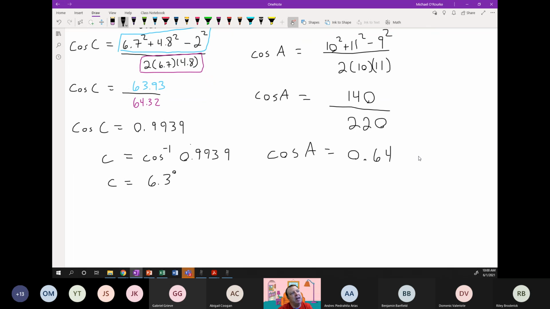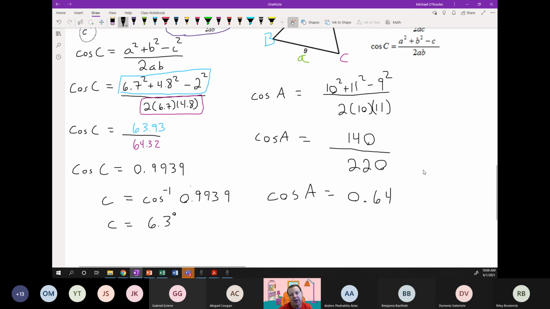Put an S in chat if there are any surprises so far. Okay, good. And then let's do cos -1 of 0.64. That's approximately 50 degrees.